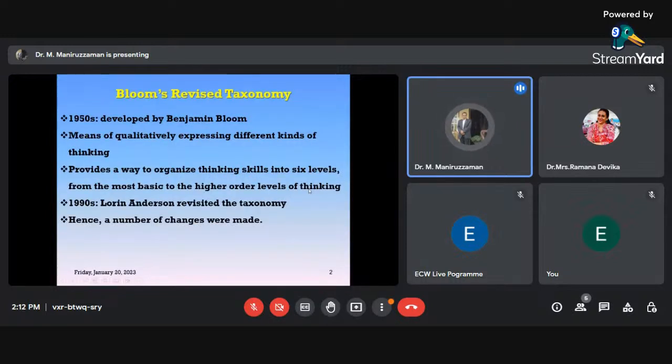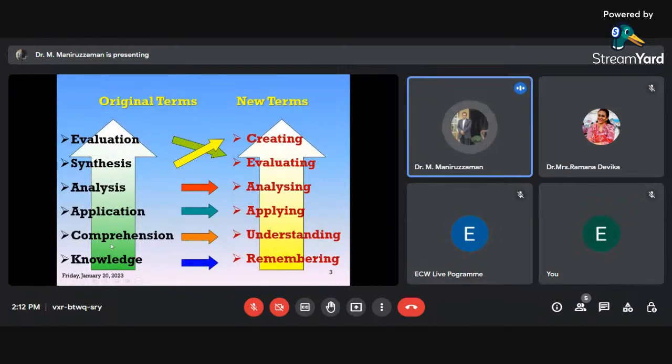But later, Bloom's student Anderson revisited Bloom's taxonomy, and then we have this picture. Along the left-hand side, we see the original 6 levels proposed by Bloom, but in the 1990s, the student revised the 6 levels and renamed them. Bloom said evaluation was the highest level of learning, but his student said creating is the highest.